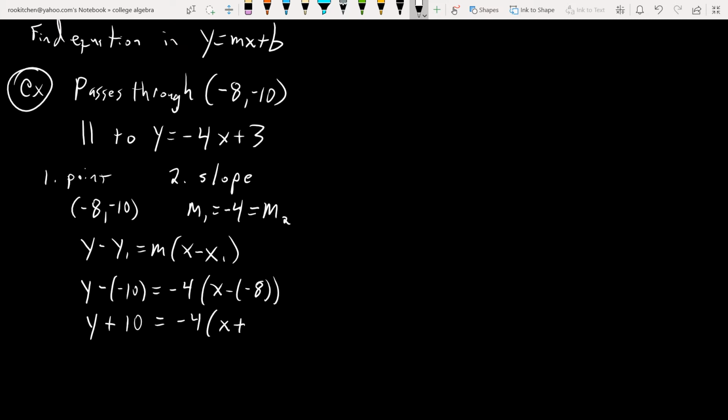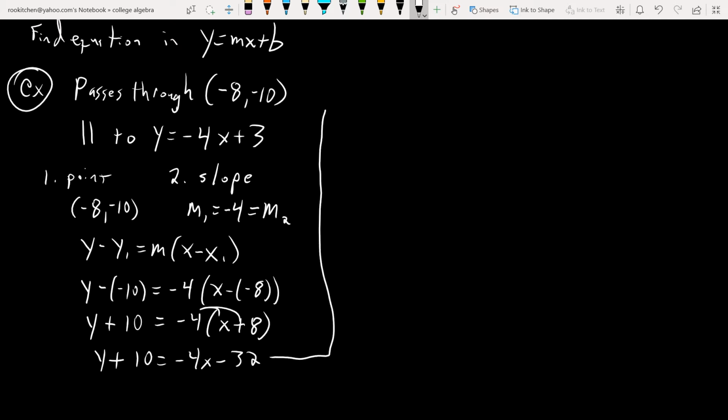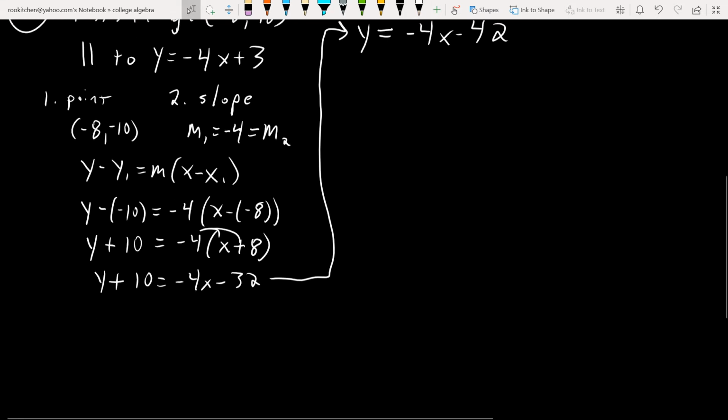Negative, negative is positive, that sort of stuff. We've got to distribute. -4x minus 32, and then I'll move the 10 to the other side, and I think I got it. y equals -4x minus 42, and that would be our answer. Okay.